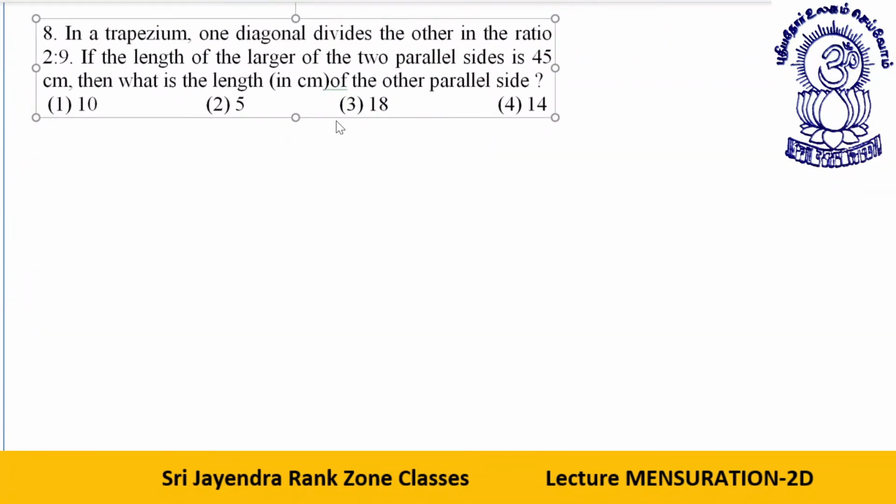In a trapezium, one diagonal divides the other in the ratio 2 is to 9. If the length of the larger of the two parallel sides is 45, then what is the length of the other parallel side? See, dear students, what was the logic which I taught you just few minutes ago? Let me take a trapezium.